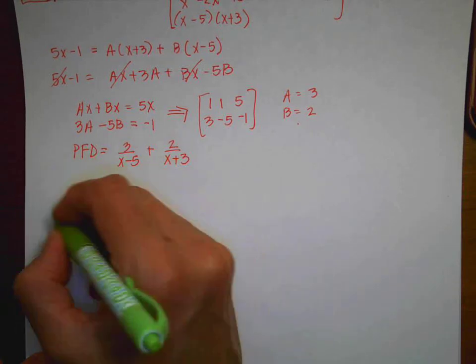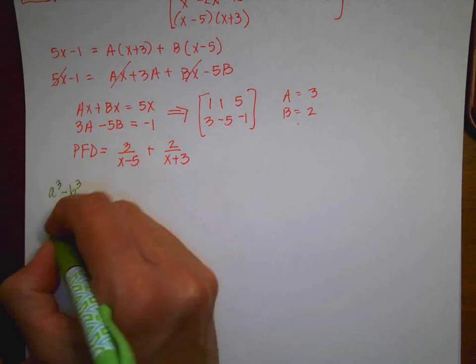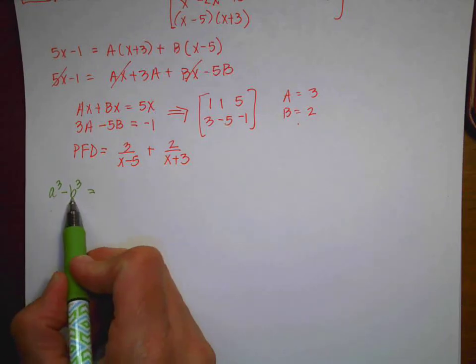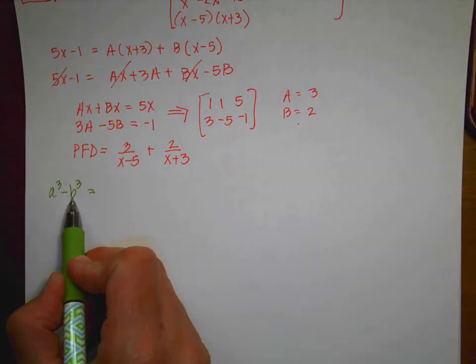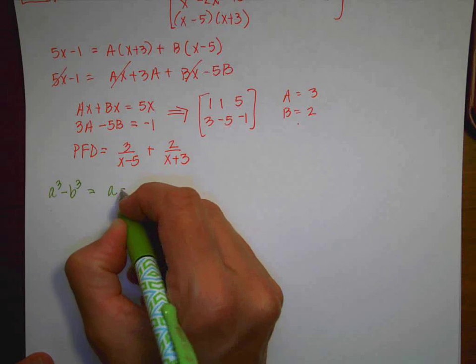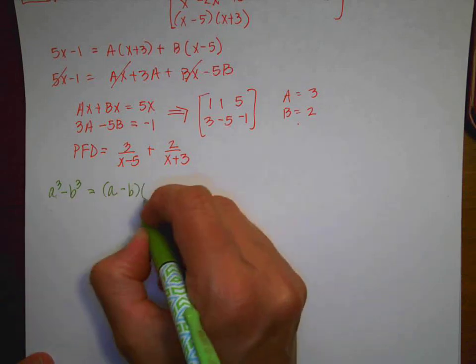So the next thing that we need to do before we start the second example is factoring a cubic. And I'm going to write both of them down. A cubic is very similar to a second degree binomial, but it's a little bit different. So the cube root of a cubed is a, and the cube root of b cubed is b.